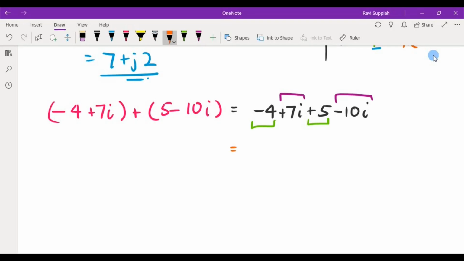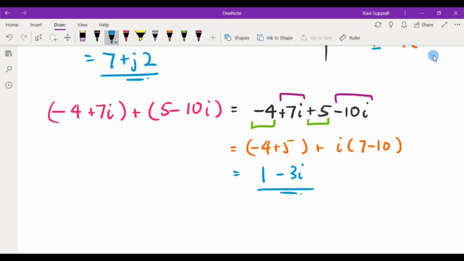The next step is minus 4 plus 5, plus i(7 minus 10), and that would give me 1 minus 3i. That is the final answer here. When you write complex numbers, you can write the i or j before the number or after the number. Doesn't matter, both are the same.